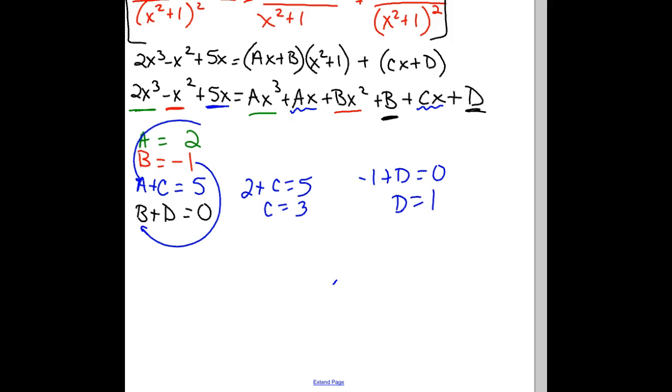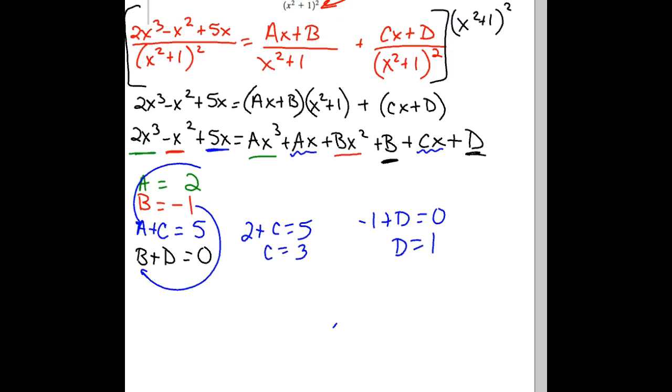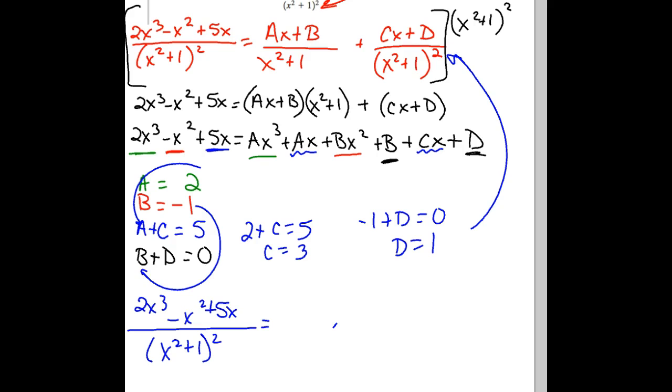So we have our ABCDs. We can go ahead and put them back into our expression here. So we have 2x cubed minus x squared plus 5x all over x squared plus 1 squared equaling, we had x squared plus 1 and x squared plus 1 squared for denominators.